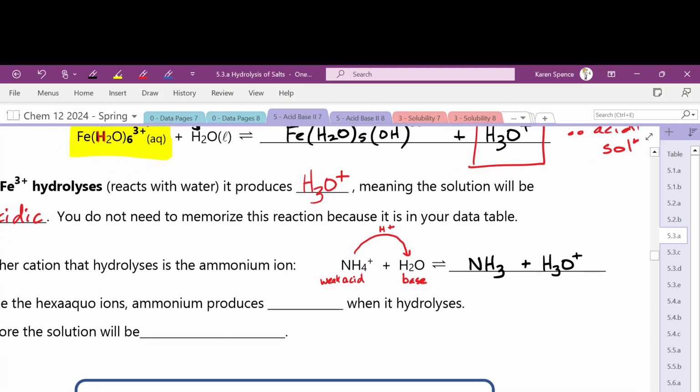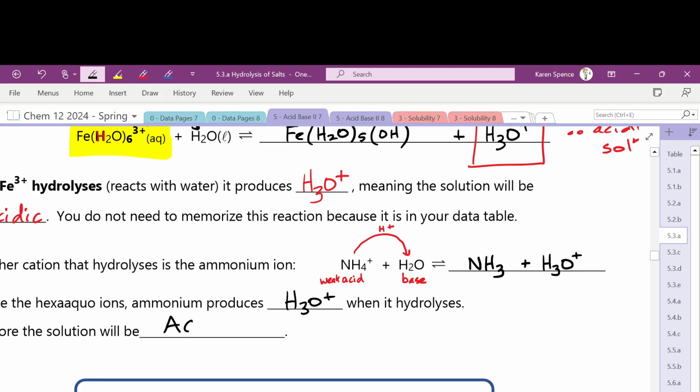So, just like the hexaaquo ions, ammonium produces H3O plus when it hydrolyzes, and therefore the solution will be acidic. And because there's only 4 of them, they all produce H3O plus, they all produce acidic solutions. Cationic hydrolysis is always acidic.